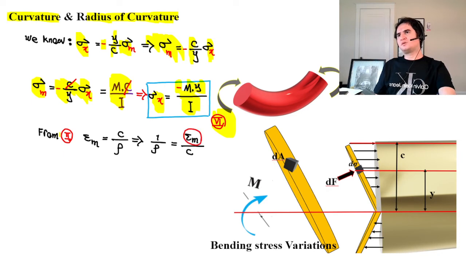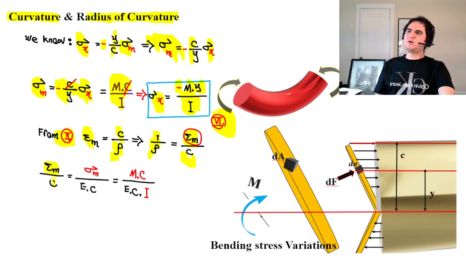And also from equation 2 from the previous video, we know epsilon is c over rho, and then 1 over rho is equal to epsilon max over c. You just rearrange the equation, you get that.